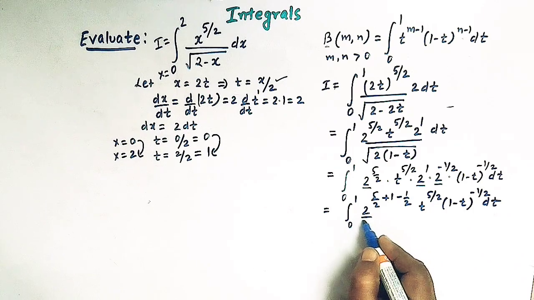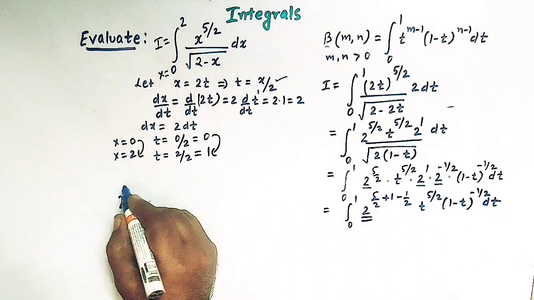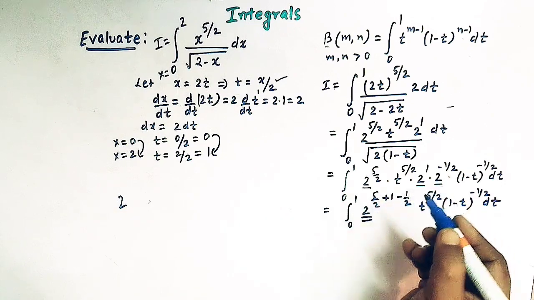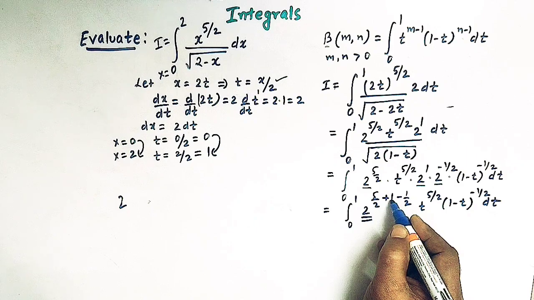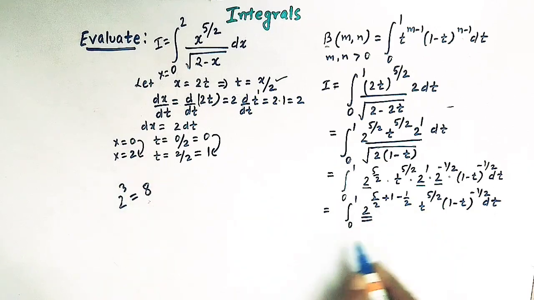Now simplifying this term, we have 2 raised to 5 over 2 minus half, which is 4 over 2, that is 2, and 2 plus 1 is 3. So we have 2 cubed, that is equal to 8, right?